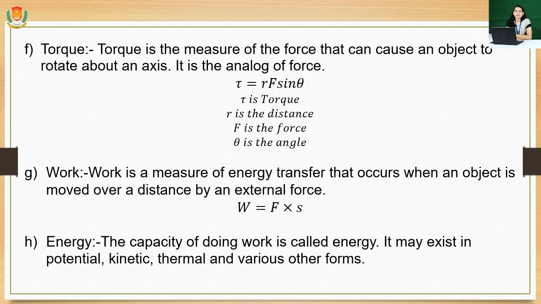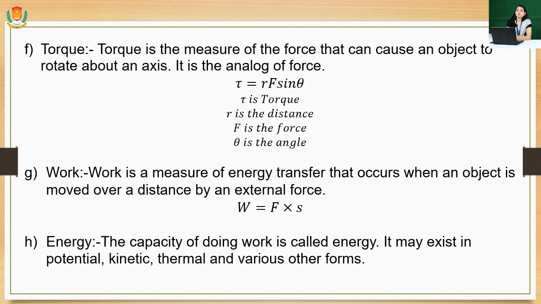Now we'll talk about energy. Although energy is a broad term, the basic definition used for energy is the capacity of doing work. It may exist in various forms. Some of the most popular forms of energy are potential, kinetic, thermal, etc.